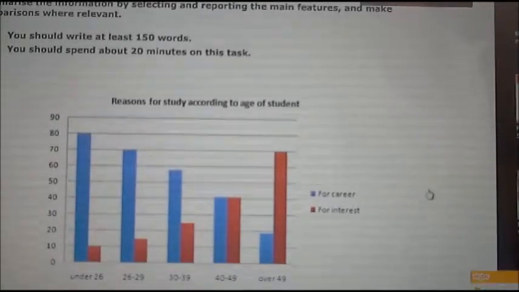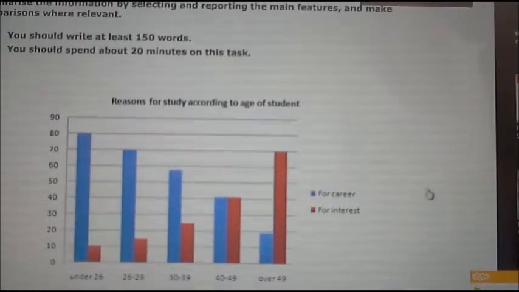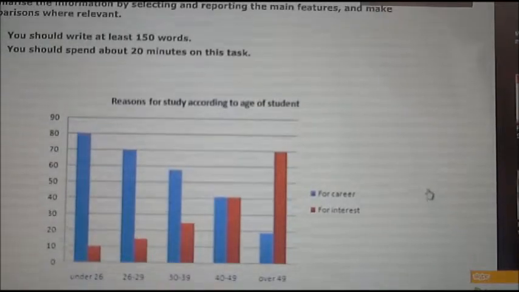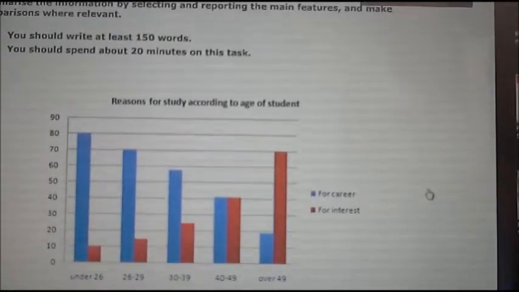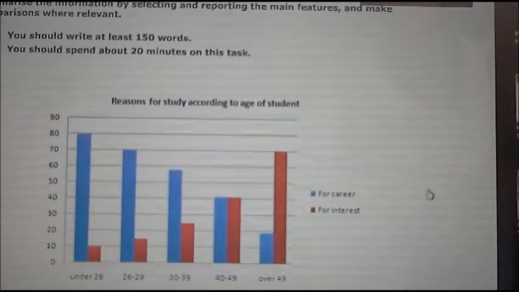At the beginning of our life, our working life, our career, our active life, we learn for our career, for job purposes.